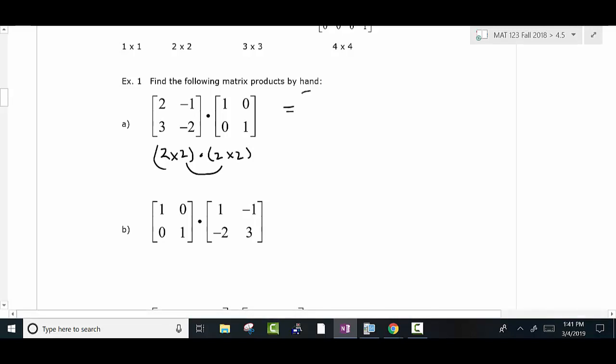So we're going to fill this out, and I'll show you what happens. And if you're catching on to what I'm talking about, you won't be surprised what the answer is. So I'm going to write out the steps. You're doing that row times that column first. So what you're doing is 2 times 1 plus negative 1 times 0. That's the first calculation you do. So that's going to be 2 plus 0, so that's equal to 2.